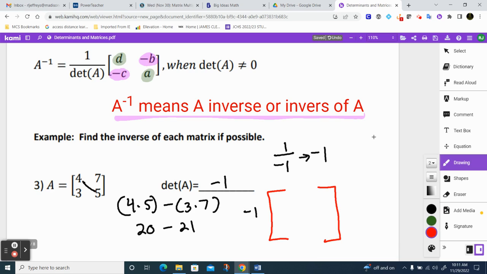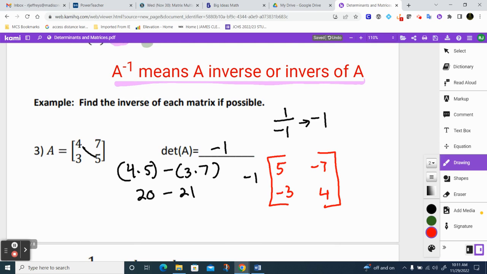All right, so we got to swap D and A. So now 5 goes up here, 4 goes down here. And now instead of 3 and 7, we have -3 and -7. So from here, we just actually multiply.